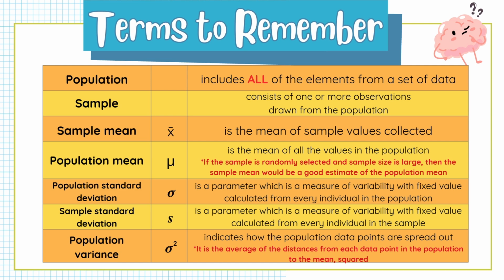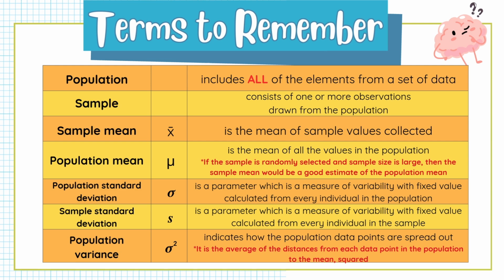A population variance indicates how the population data points are spread out. It is the average of the squared distances from each data point in the population to the mean.